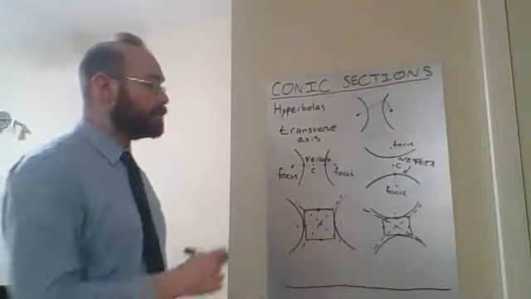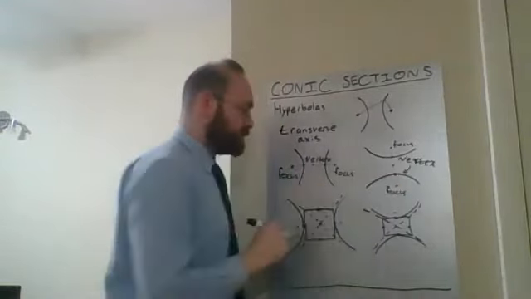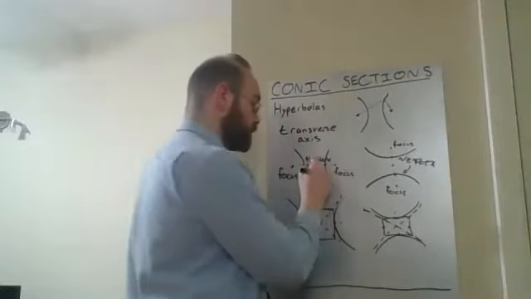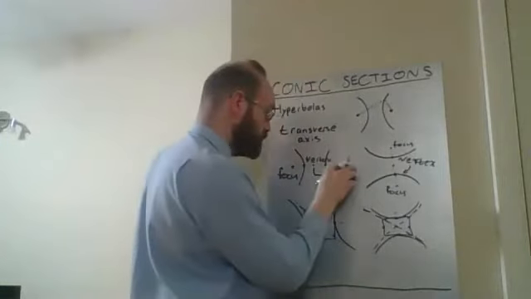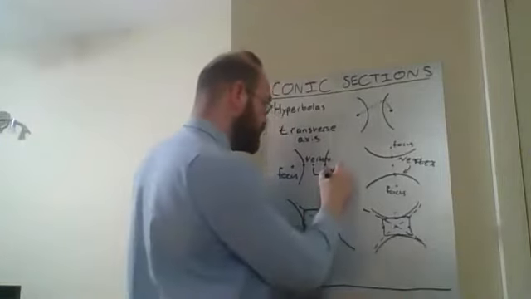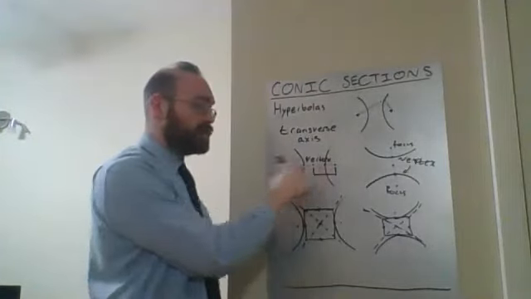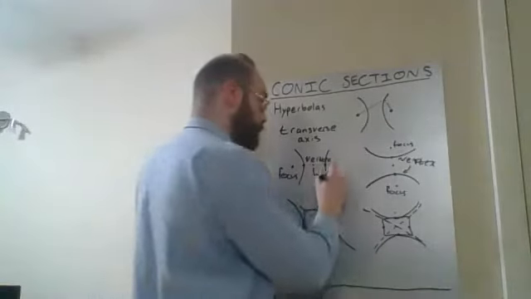The problem with abbreviating center as the letter C is that the letter C does refer to a distance. So I'm going to erase this word right there. The distance from our center to the focus, just as with an ellipse, is the focal length.